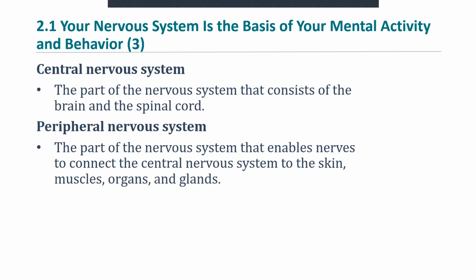Okay. There are two parts to the nervous system. Sensory information comes into our central nervous system, and also decisions come out of our central nervous system. That's the first part. It consists of the brain and the spinal cord.